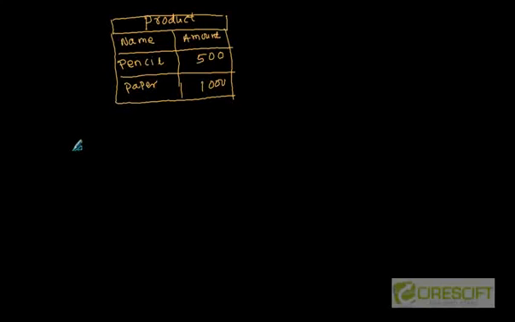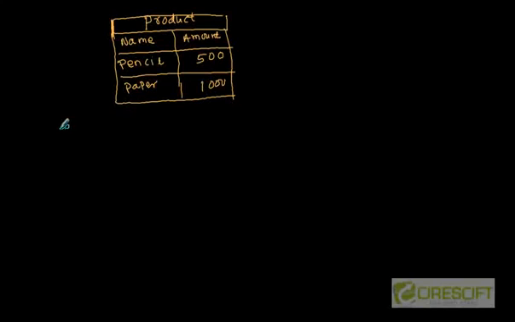Let's say we are doing a transaction where we are going to read how many pencils we have. Imagine this is the inventory of a real shop, and somebody comes and asks, give me 100 pencils.